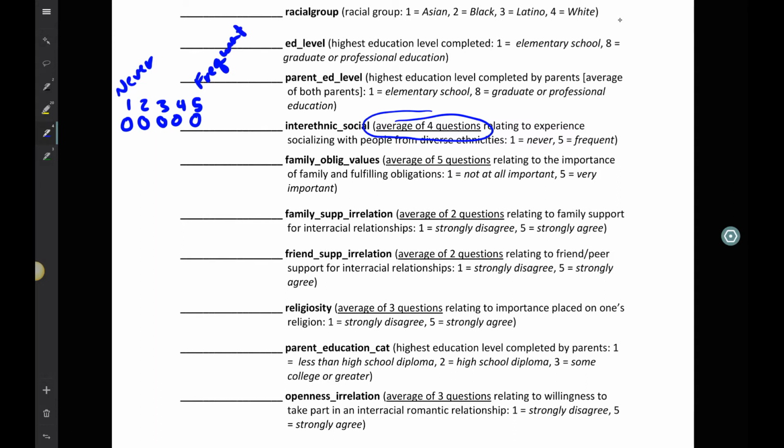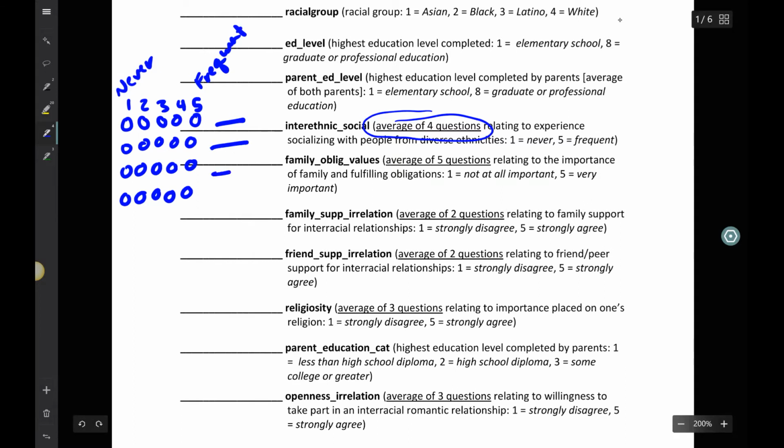So they asked them to answer these 4 questions. So for each one of these questions, they would have some number, right? Whether they said never, rarely, sometimes, often, frequently, right? If they give some rating, then they'll have some number between 1 and 5 for this question. They'll have another number between 1 and 5 for this one, and for this one, and for this one, because it's saying it's the average of 4 questions.